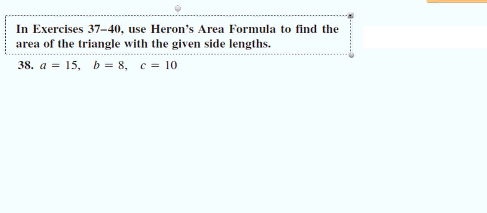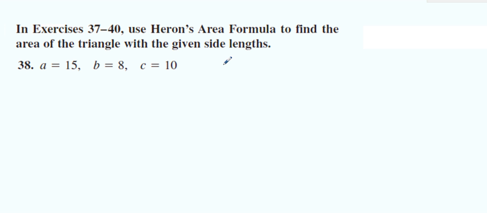So here's another one. We need to find out the semi-perimeter first. So 15 plus 8 plus 10. That'd be the perimeter when you add all those up. So the perimeter is 33, which means the semi-perimeter is 16.5.